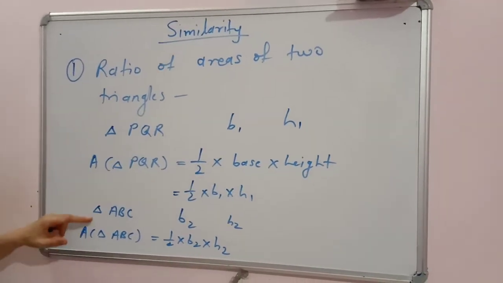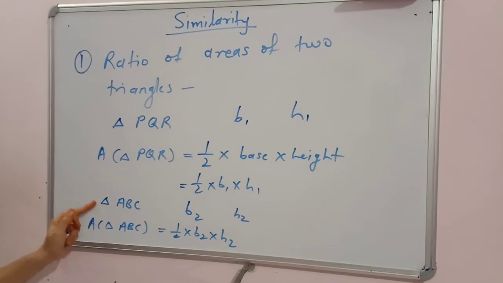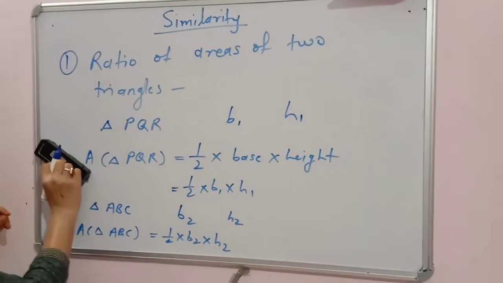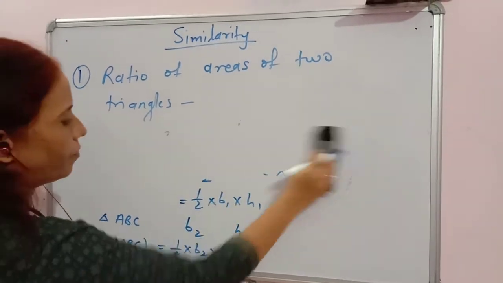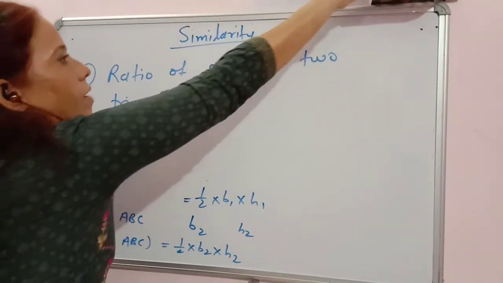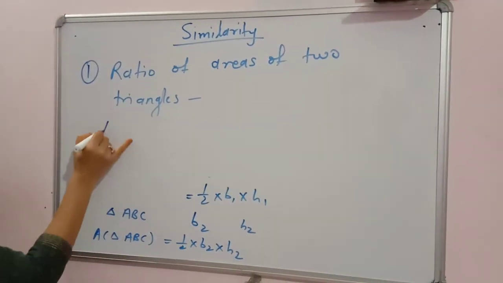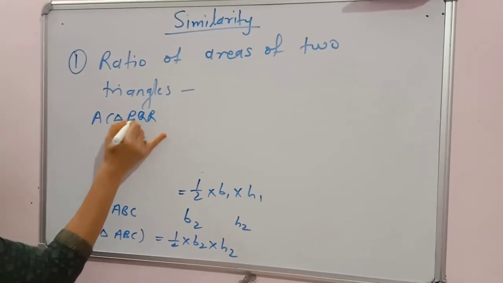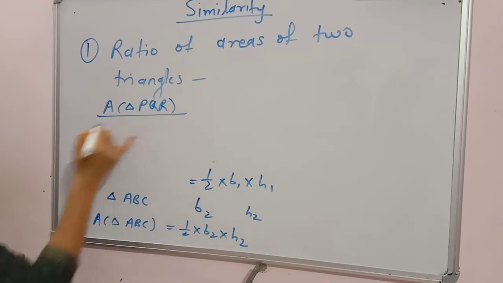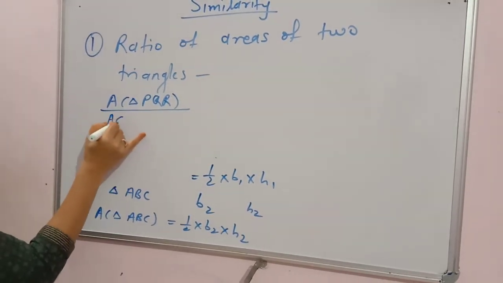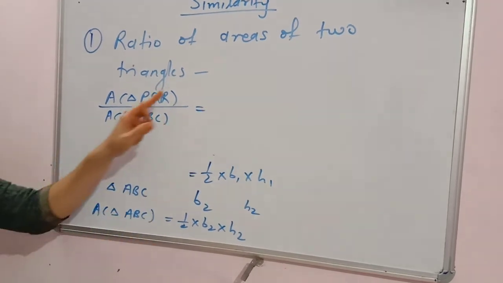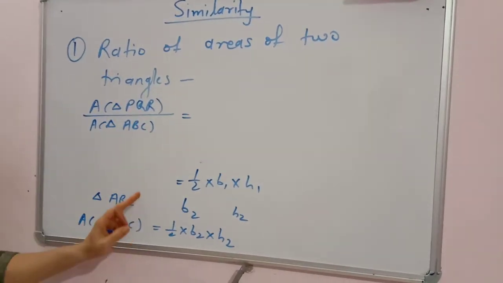Now let's see what happens when I take the ratio of areas of these two triangles. Area of triangle PQR upon area of triangle ABC, we write in numerator, denominator form.